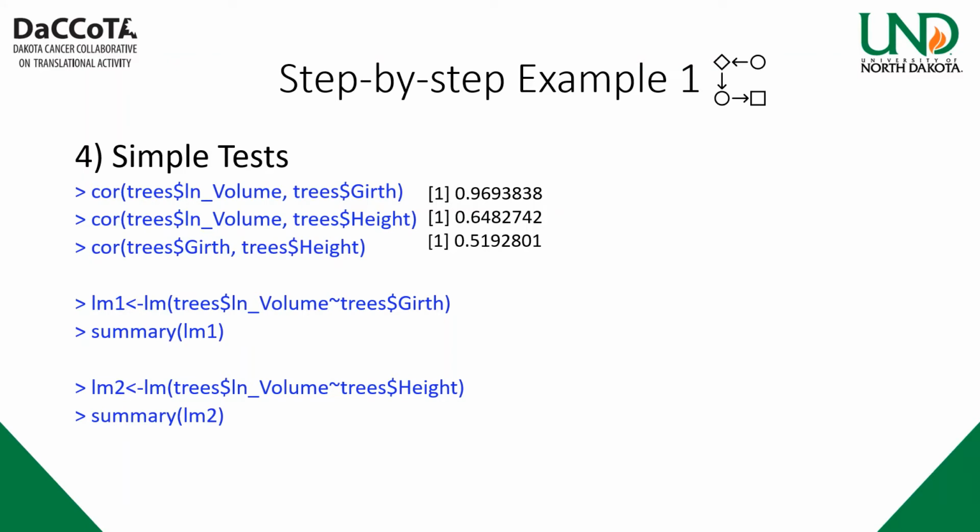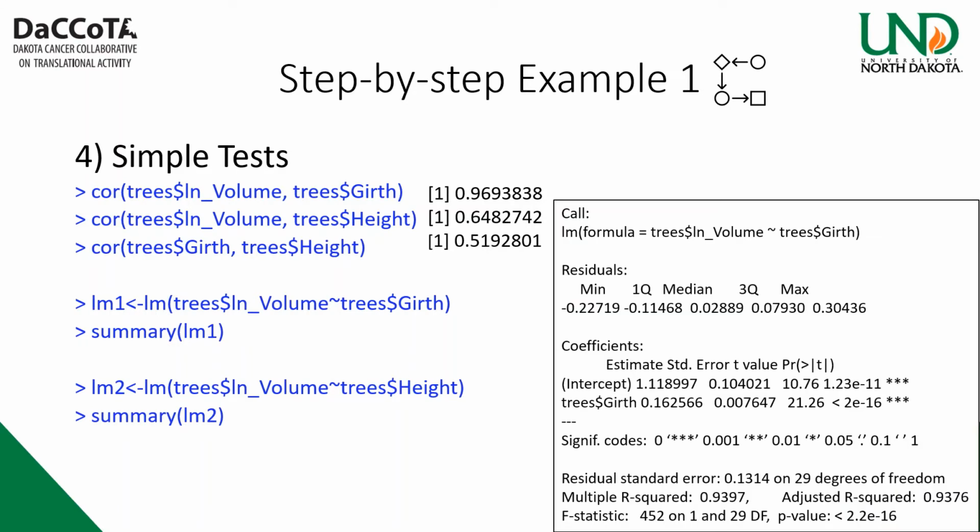So now let's do some simple tests. We're going to create linear models, so LM. This would be a basic regression where we have one Y and one X. So let's do this for girth. There's a lot that pops out here. Let's just focus. So here's our formula. Here's sort of the coefficient.